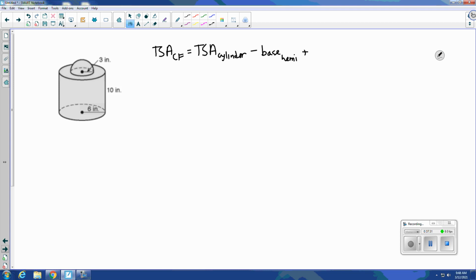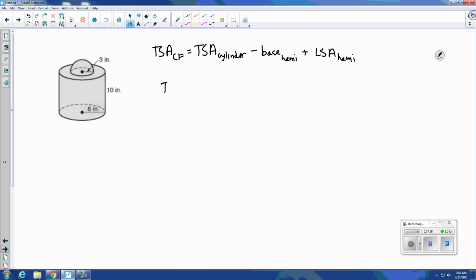Then we're going to add on just the lateral surface area for the hemisphere. So I don't want to do total surface area of the hemisphere because the only thing that's on the surface is the lateral piece. And again, it's important to remove the base of that hemisphere because there's going to be that circle gap on the cylinder that would be accounted for when I do total surface area, but I don't want to account for that because it's not a part of the surface.